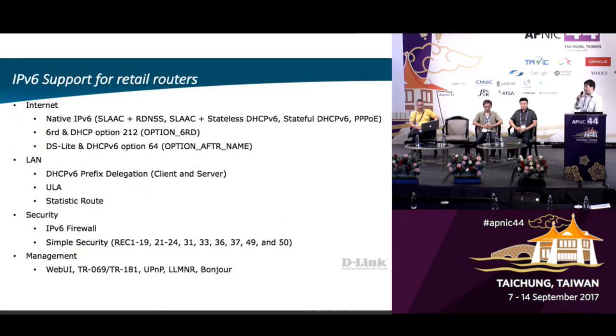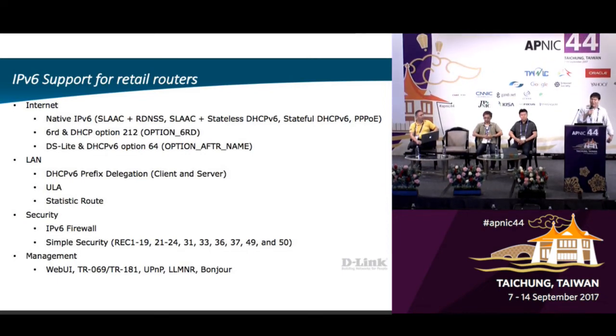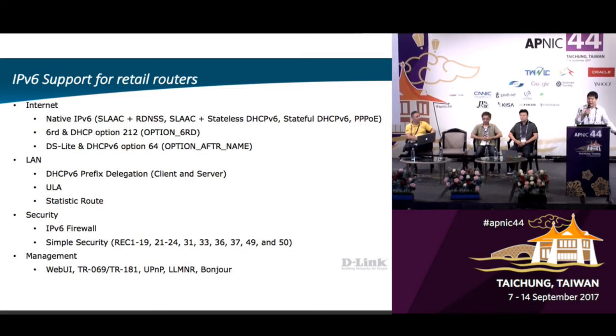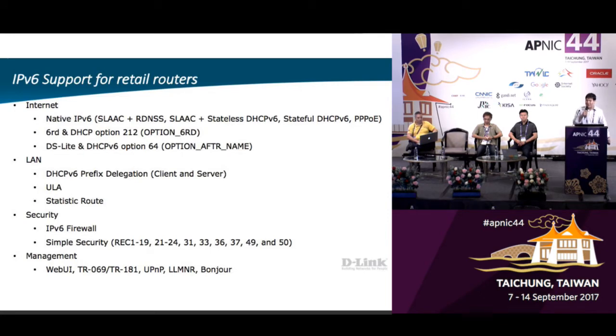So what do we have? Basically, we support everything in RFC 7084. However, in addition to that, we put a lot of effort and time focusing on our management interface. So we have our TR-069 certified, and we clicked the IPv6 option when we certified our TR-069 implementation. We have a new GUI design that enables users to actually have their IPv6 enabled without installation, without additional setup.